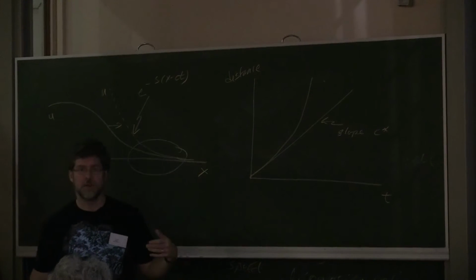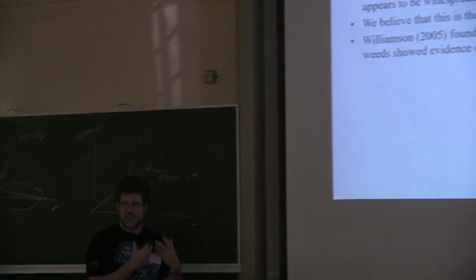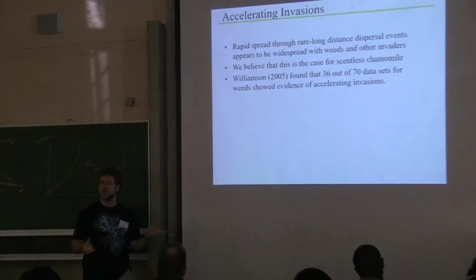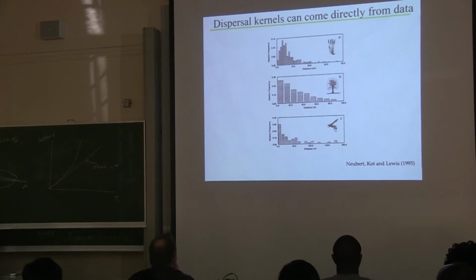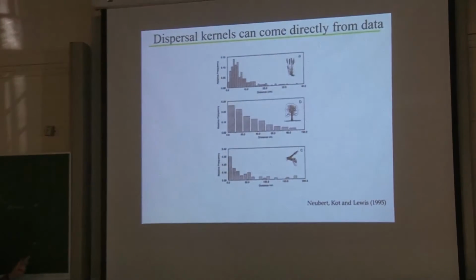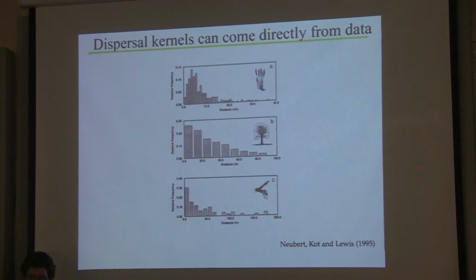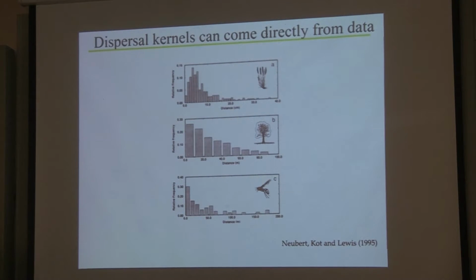One of the theoretical constructs is this idea of stratified diffusion, and we heard that mentioned. Another is to find a way to put realistic dispersal functions in models. The beautiful thing is we can measure dispersal data for lots of different species, so we should be able to use this in our models and not just put in diffusion.